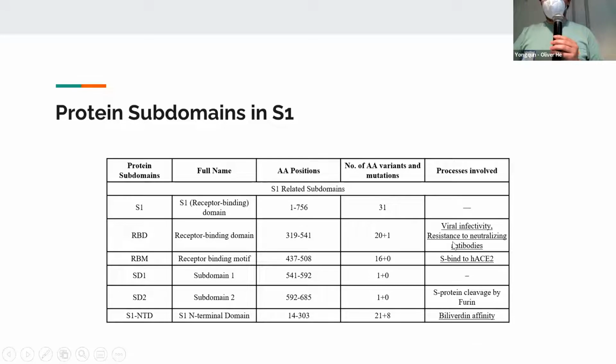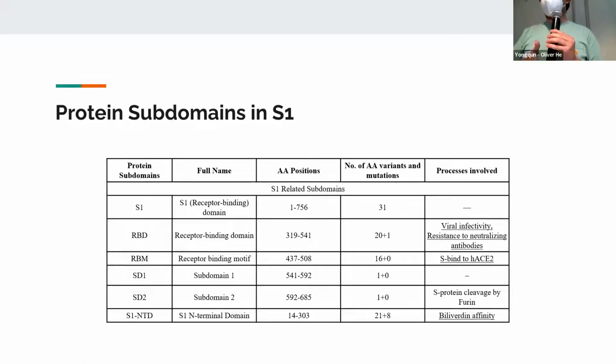So we have the initial S1 and this can be overlapping. We have the receptor binding motif, which is contained inside the receptor binding domain, which is contained within just the normal S1 domain. And each one of these has been shown through experiments in the literature to be linked to specific processes that affect the COVID-19 disease process.